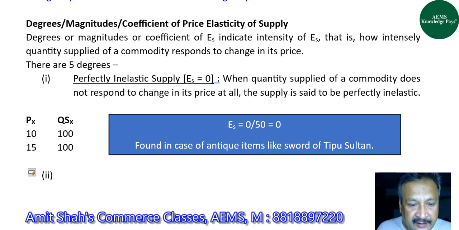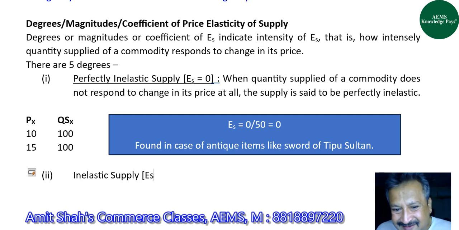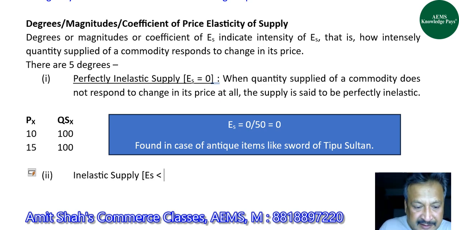The second degree is, or one of the 5 degrees is inelastic supply. Here ES is more than 0 but less than 1. So we present it like this.